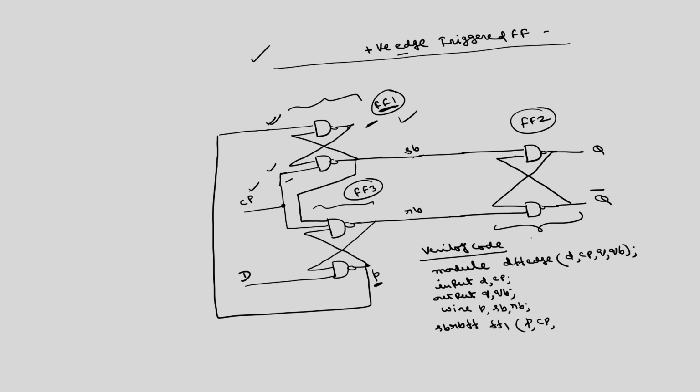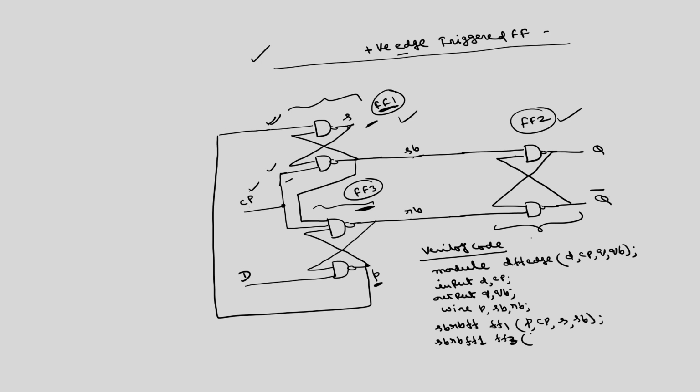So, of course, one is SB, you can call this one as some S, outputs are S, SB, correspond to this flip flop. SB, RB, FF1, we will call this as 1. The code correspond to this one is FF1. So, this is FF2 or FF3.